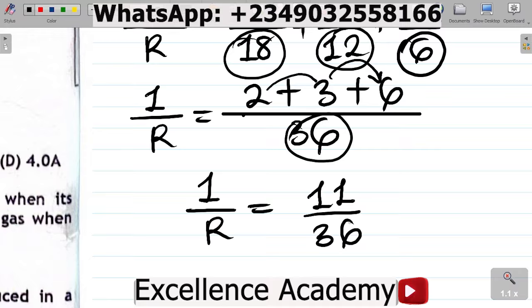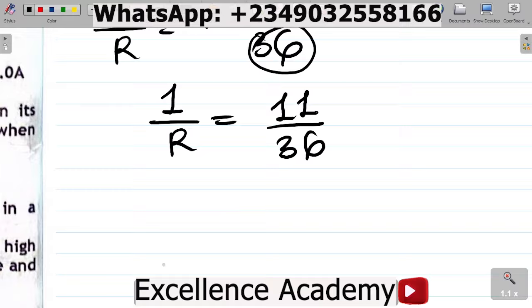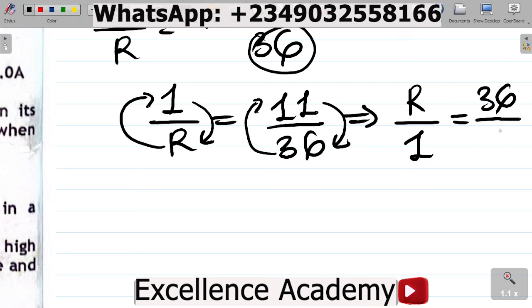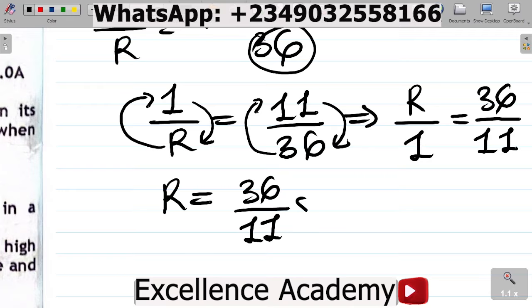For us to get the value of R, I'll simply take inverse. So R over 1 is equal to 36 all over 11.